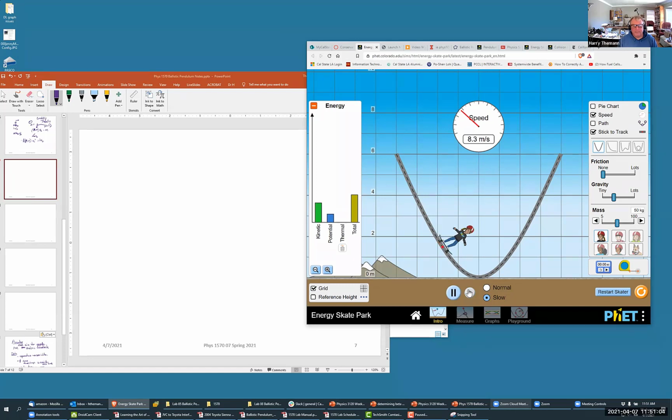And at the bottom, well, she's a little bit past it. So I think that her speed is actually 10 meters per second. So she comes back with the same speed that she started with.